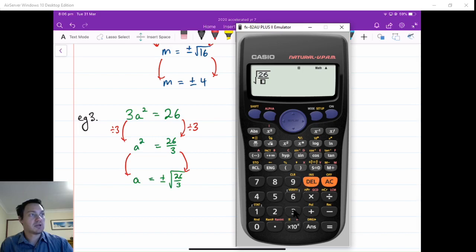Oh, that's not a 3. There it is. So it's plus or minus 2.94. Okay, 26 over 3, I just left it there because it doesn't simplify. It's 8 2/3. But normally we would deal with this other thing. So the square root of it was 2.94.